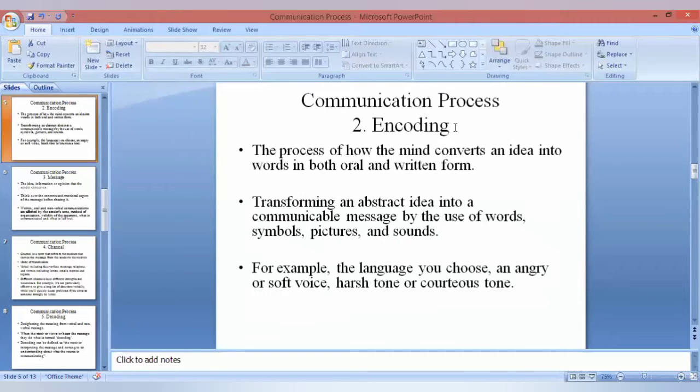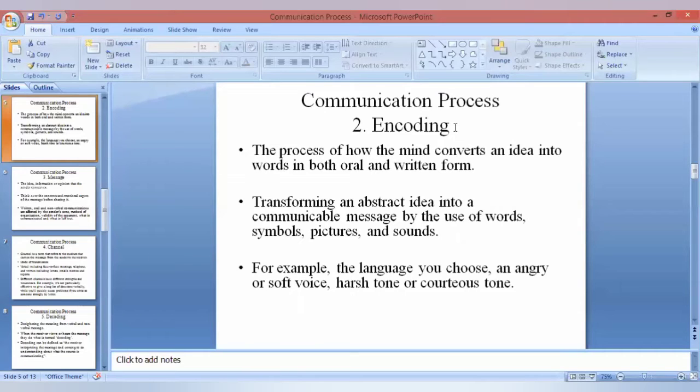The sender converts an abstract idea which previously has no shape, no form, and no structure into words, symbols, numbers, and non-verbal signals, both written words as well as oral words. So this is called encoding.